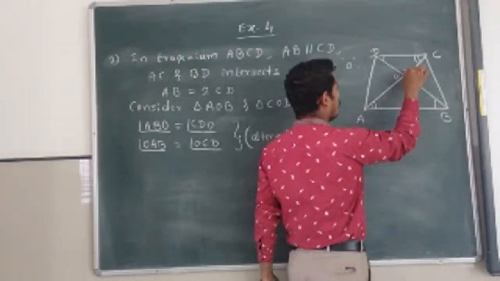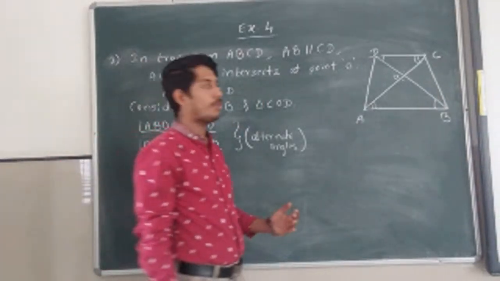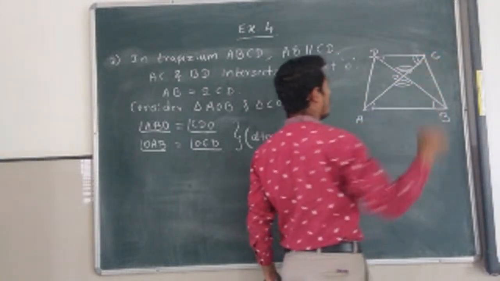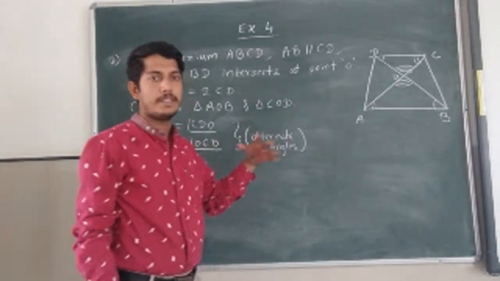The next two angles are equal to each other because they are vertically opposite angles. Because they are different angles, I use different symbols.